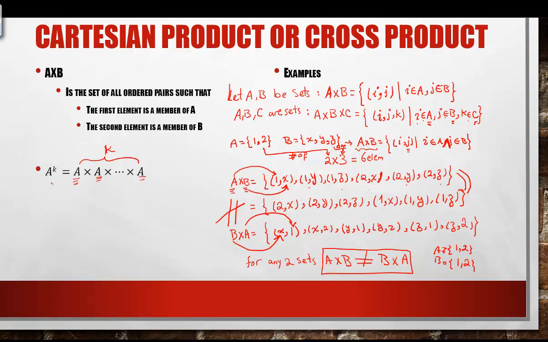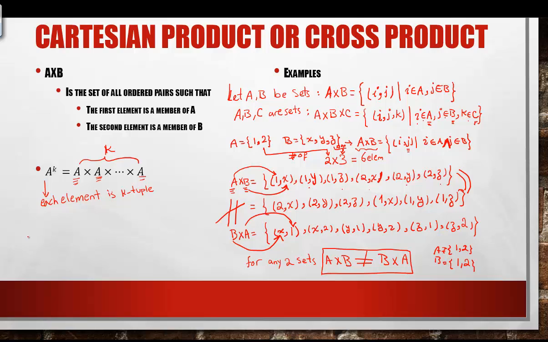So each element in A to the k is going to be a k-tuple, because it's the cross product of A k times.